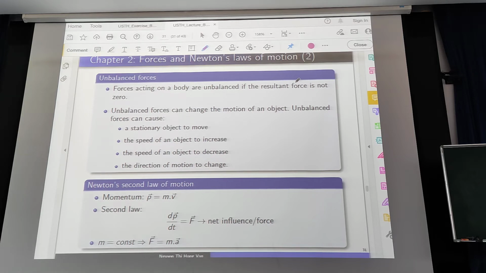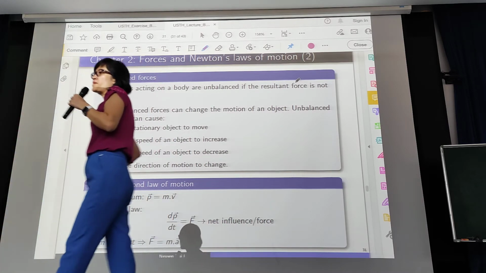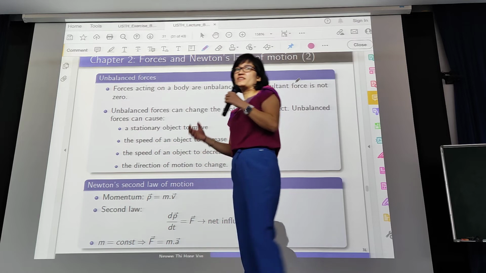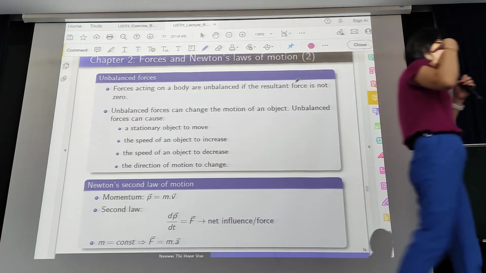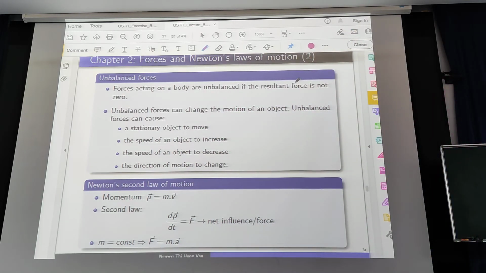So change the direction of the motion, increase the speed, decrease the speed. Then you say that obviously an unbalanced force is already acting on the object. Vice versa, if you are acted on by an unbalanced force, then your speed will change, increase, decrease, or change direction. Alright, so that is the second law of Newton.